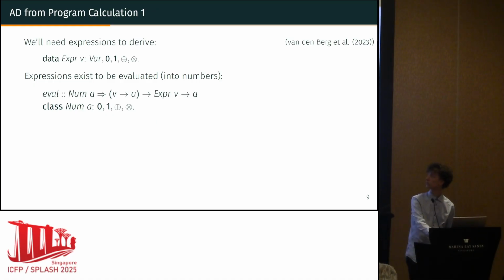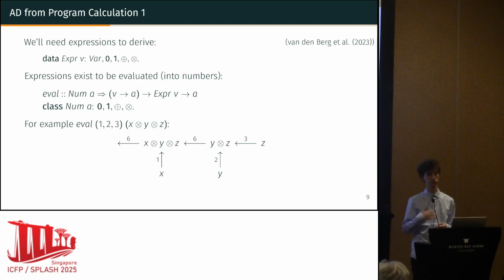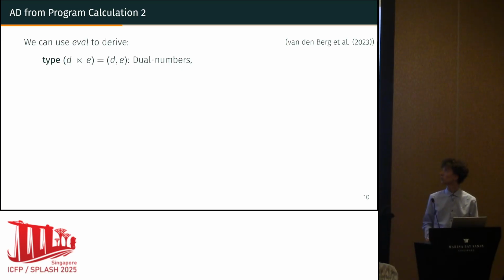When I use this evaluation to evaluate an expression, x, y, z at 1, 2, 3, it again goes on and recursively combines the results of x, y, and z to give us the final result, 6. But if I wanted to take derivatives, I could also use eval. But this time, I'll use eval on dual numbers, which are just fancy pairs of numbers and their derivatives.